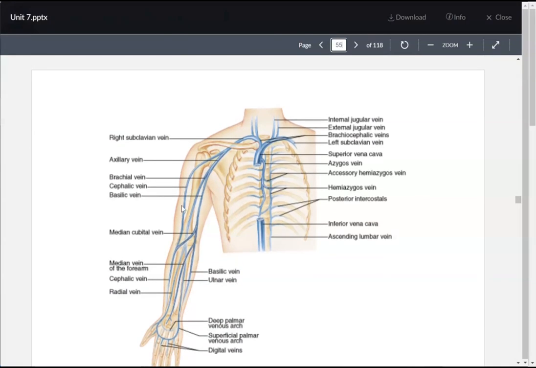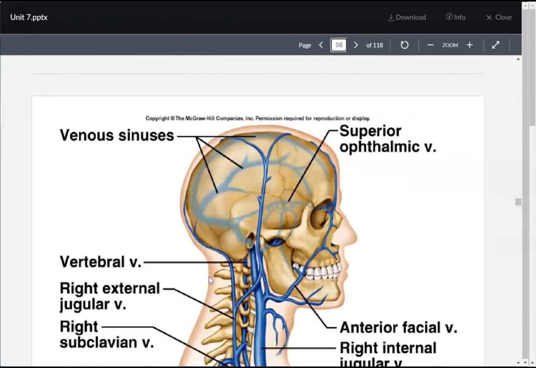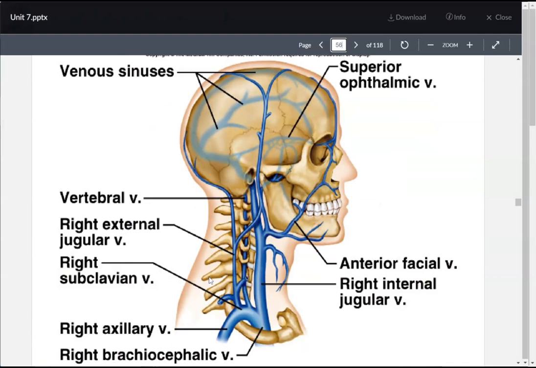Here's the arm with those veins. Superior vena cava. Heart would be sitting right here. The head.